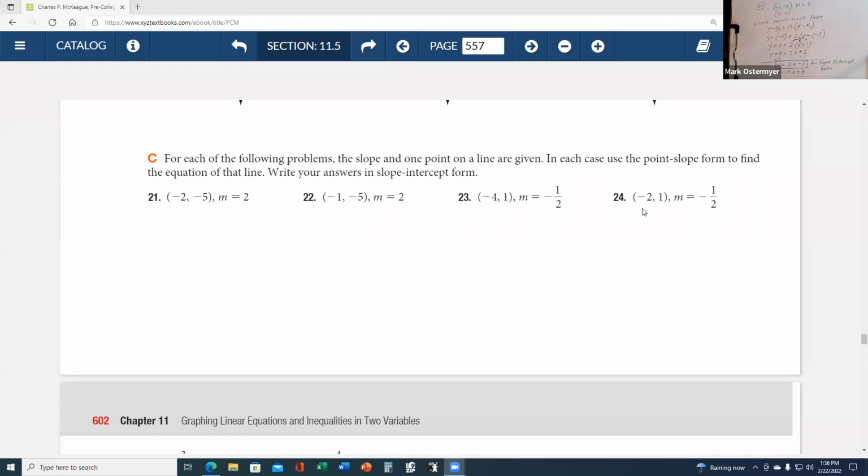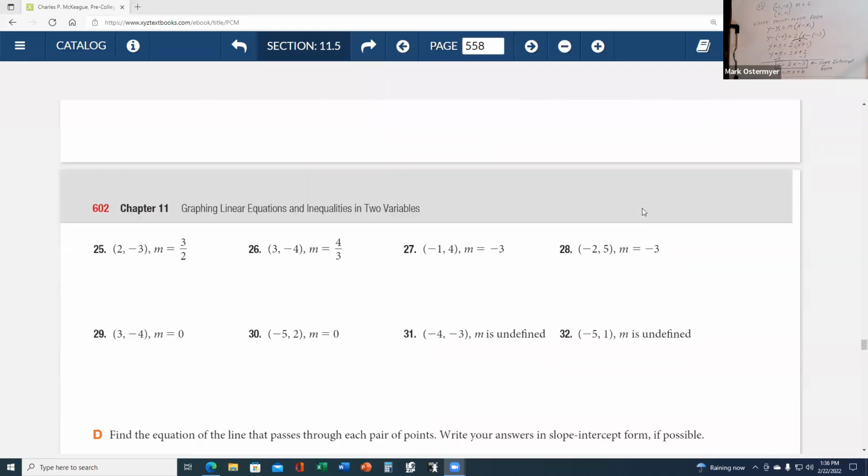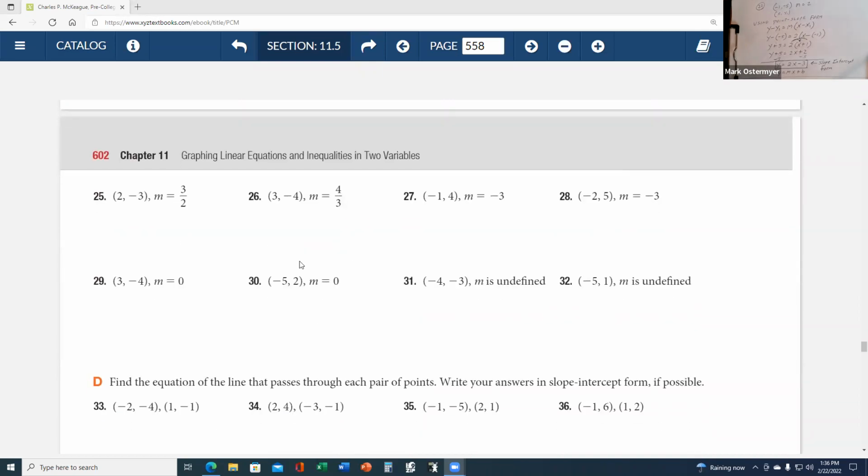Let's see. Maybe we should try another one. I'll do number 26 here. All right, problem 26. They give us a point that lies on the line, and they give us that slope is 4/3.